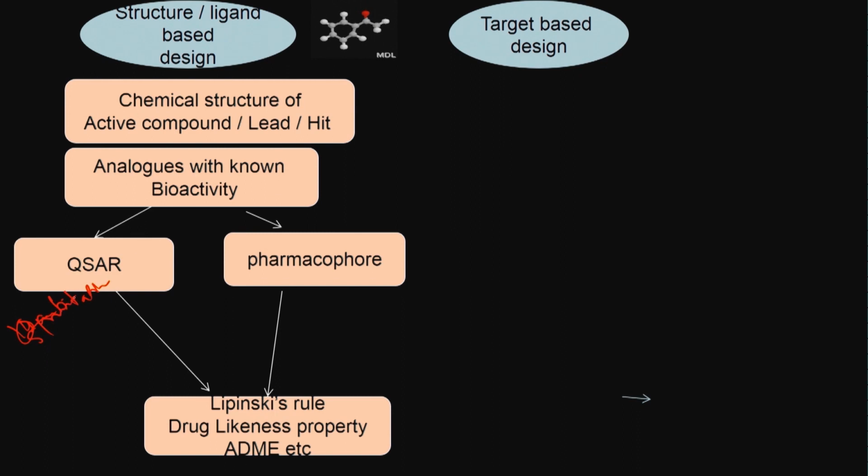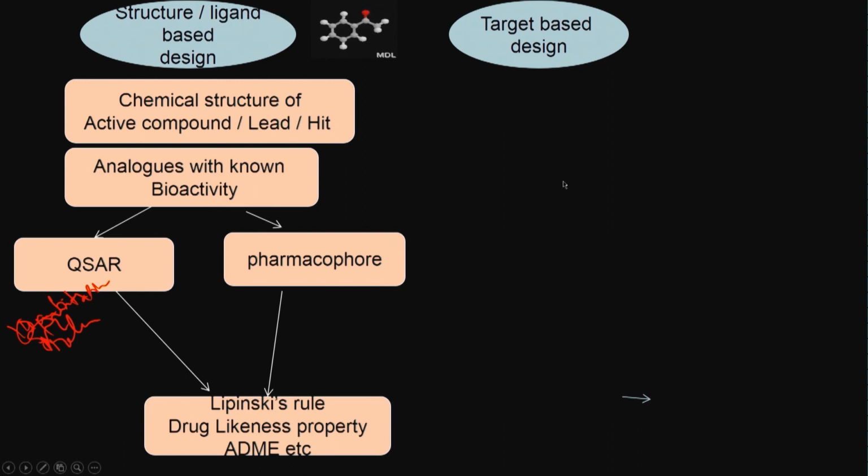Okay, that is called a quantitative structure activity relationship. The other is pharmacophore based approach. So this is called the ligand based design. Okay, as you can see here, I do not know anything about the target protein into which the particular ligand, which you have got here, is going to bind. I have absolutely no knowledge about it.